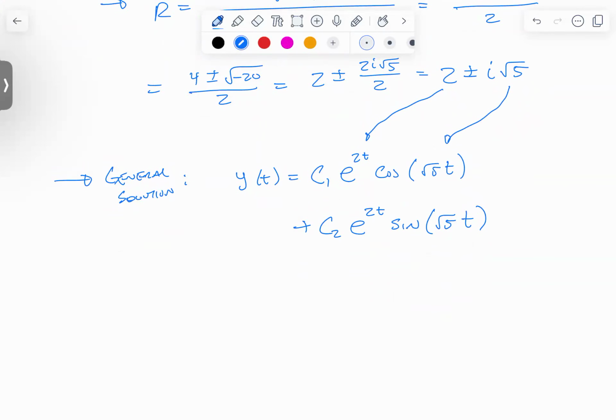Basically, the hard work is gone. Let's take a derivative and identify. It's supposed to be 2C1.